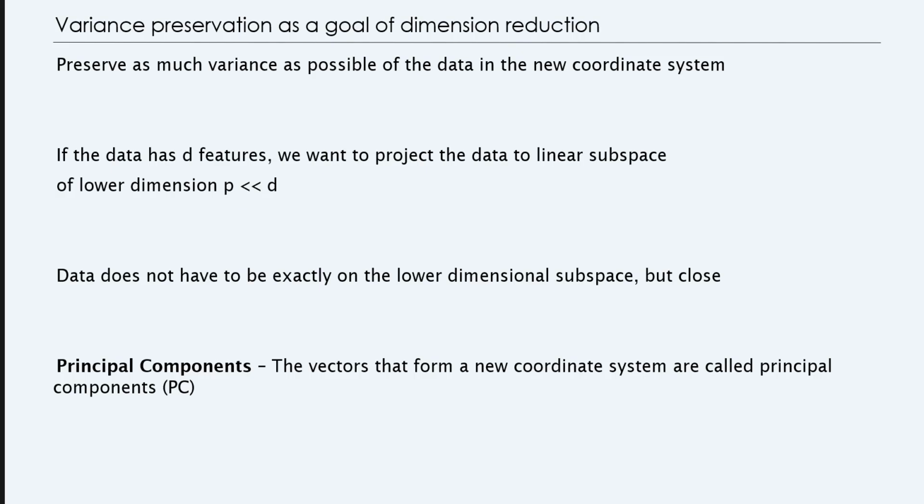While the data doesn't have to lie exactly on this lower dimensional subspace of dimension P, it should be close to it. The vectors define the new coordinate system, which are fundamental to techniques like principal component analysis for capturing the most significant features of the data set.